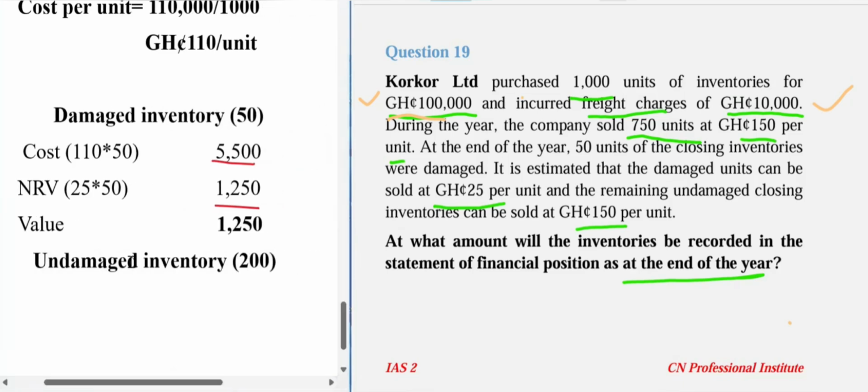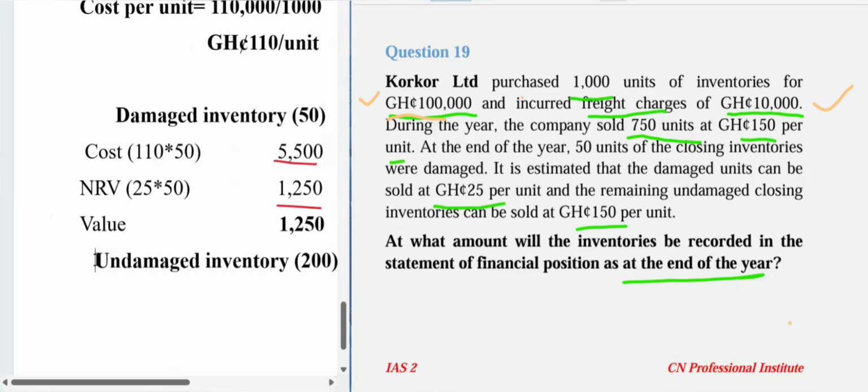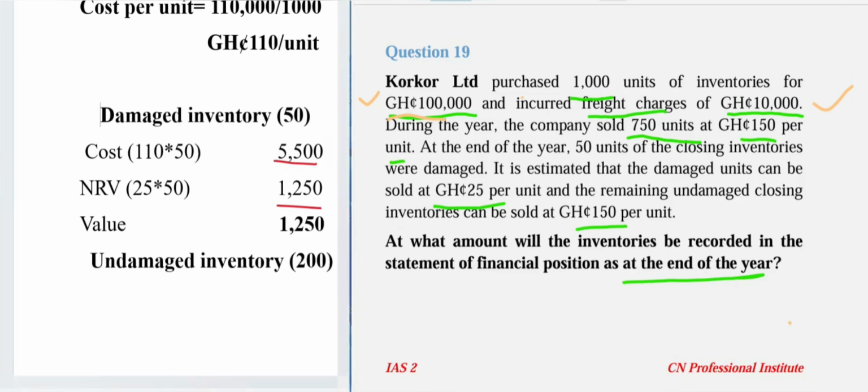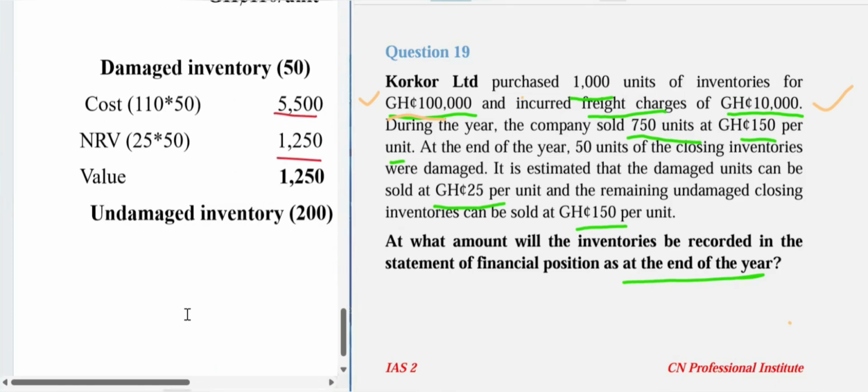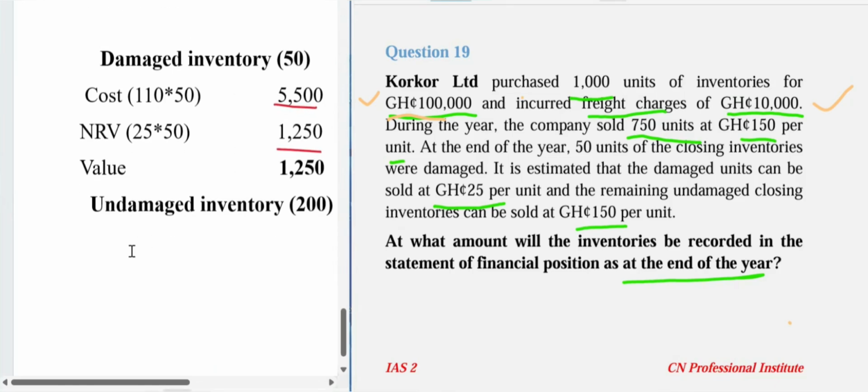It's very simple, because we purchased 1,000 units, we sold 750. So if we sold 750, we'll be left with what? 250. And out of the 250, 50 is damaged. And we value the damage separately, so they are undamaged.